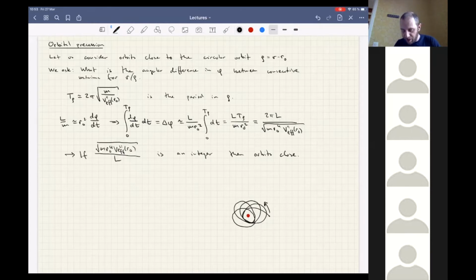I mean, you might be aware that this was one of the first hints for general relativity. Even taking into account that the solar system has many bodies in it, so it's not really just a central potential, if you look at the actual precession of the orbit of Mercury, Newtonian physics was not able to explain the full precession.